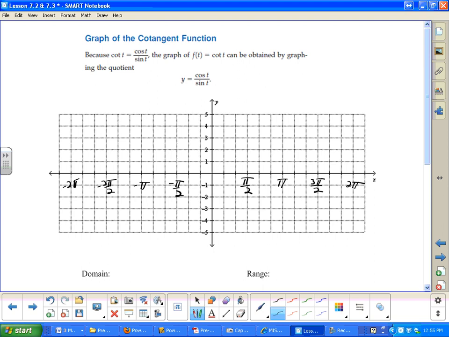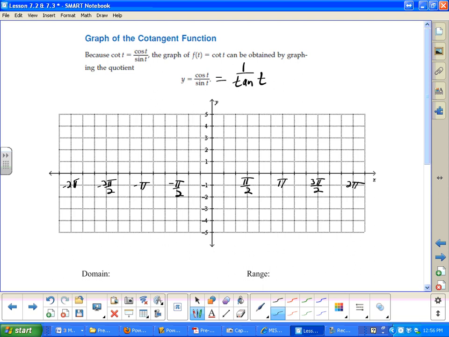Also, when we do cotangent, we're not going to put the graph of tangent up there because it'll get very confusing because they cross each other and it doesn't look very good. No, do not put any other graphs on here. We're just going to graph cotangent here.